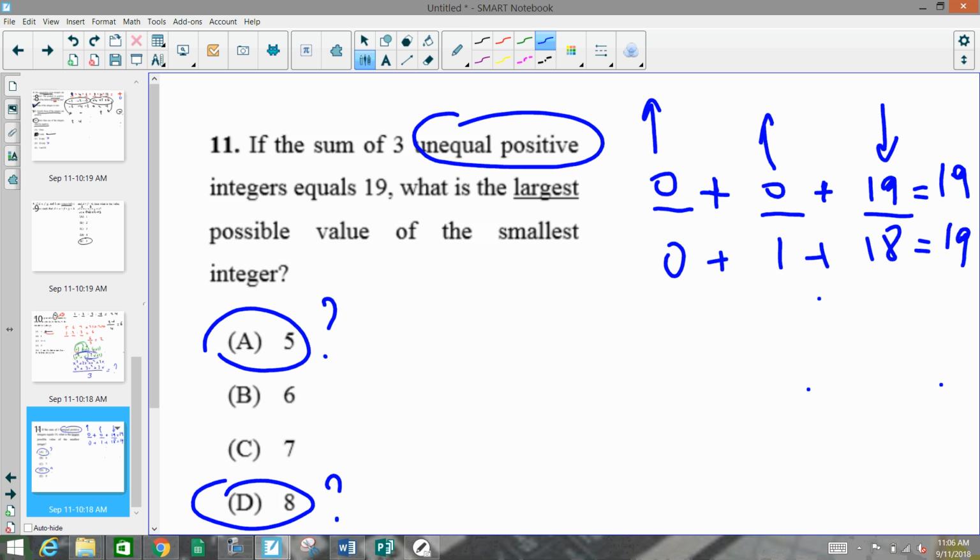The result is right, but check one more time. Read the question and then disprove, agree or disagree. Class, do you agree on this? Why not? So the smallest integer is going to be 0 in this case, right?